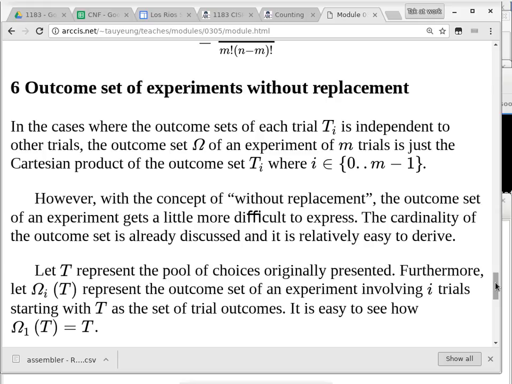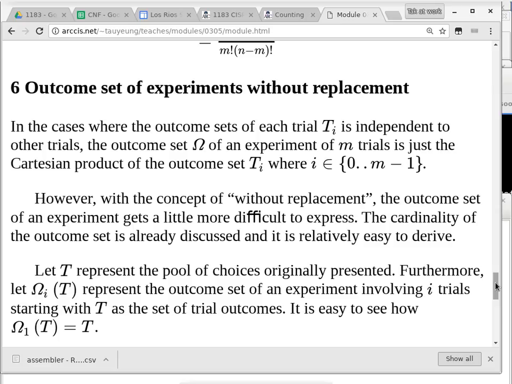In other words, I'm not asking the question of how many unique tickets we can generate for a particular model game. I'm asking, show me all the possible unique tickets. Is that okay? So it's not a counting issue anymore. It is now becoming a generation issue. How do I generate the outcome set of an experiment where the trials are without replacement?